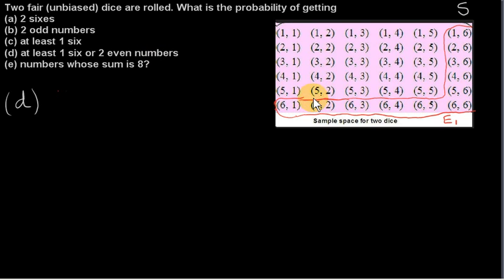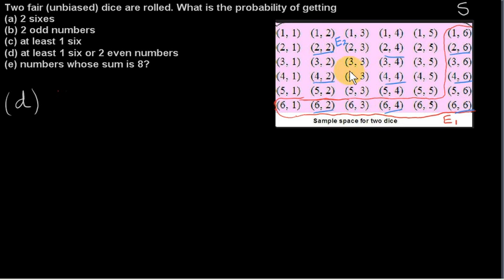Let's see that in a different color. Well, here is an outcome of two even numbers. I will call the event consisting of the outcomes of two even numbers E2.